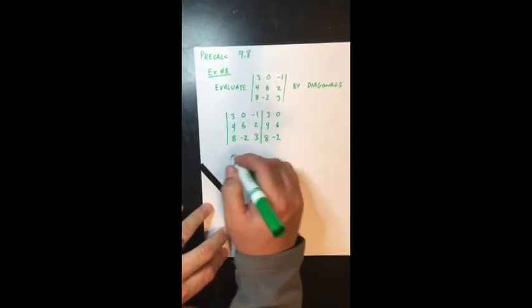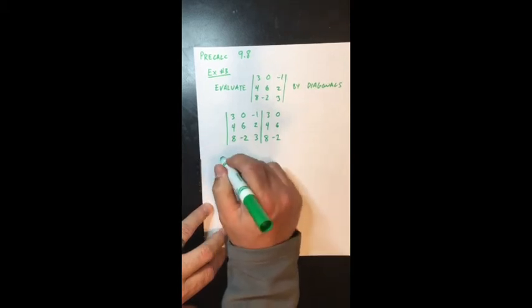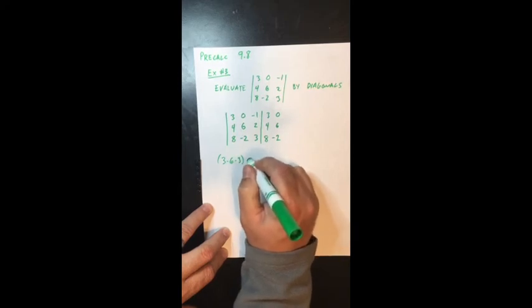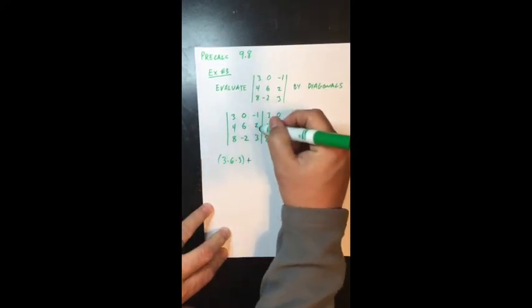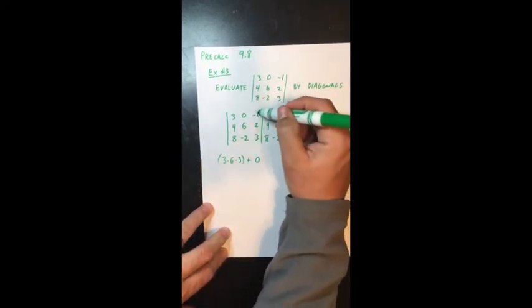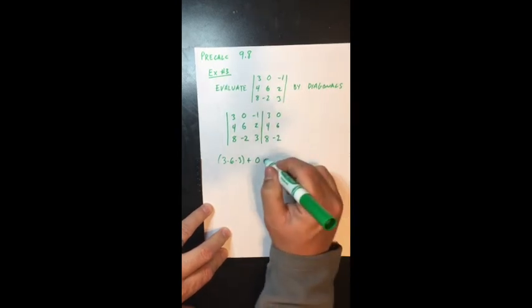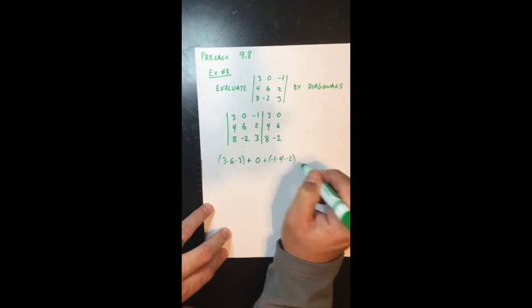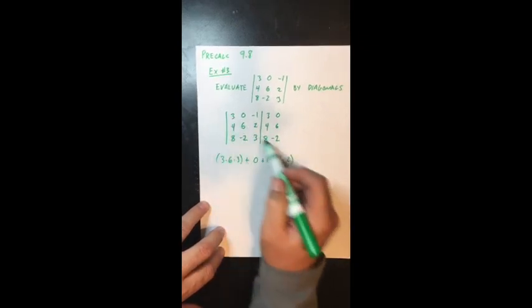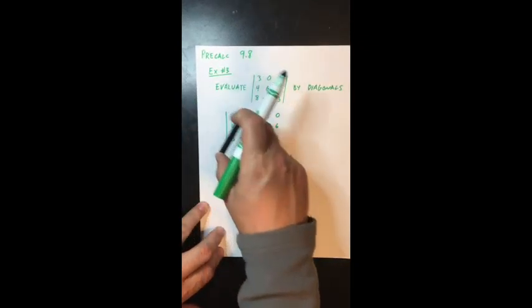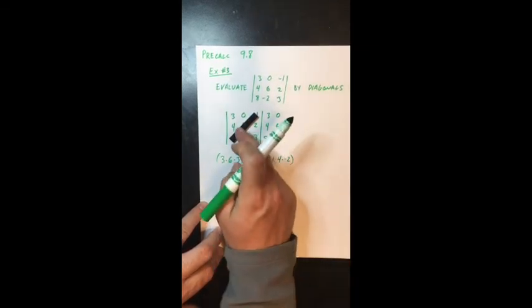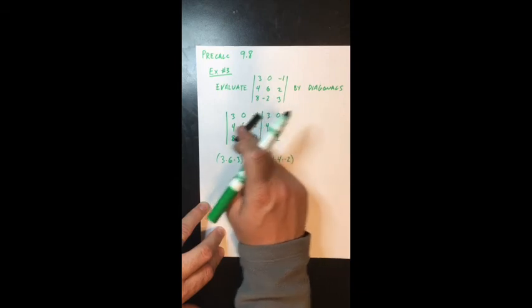So we'll have 3, 6, 3 to start with. Plus the next one will be 0, 2, 8, so that's just a 0. And then -1, 4, -2. That's the top left to bottom right diagonals. Now we switch to bottom left to top right diagonals, and we'll do all 3 of those.